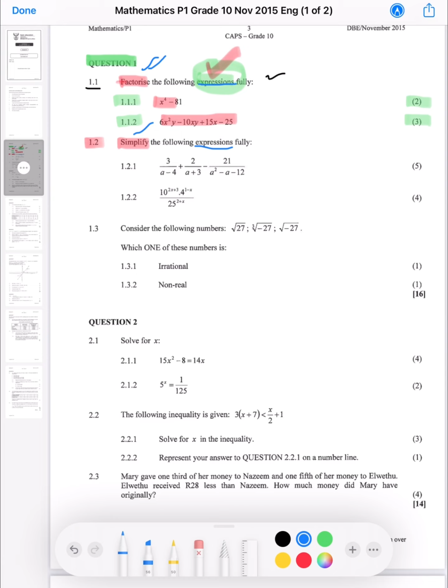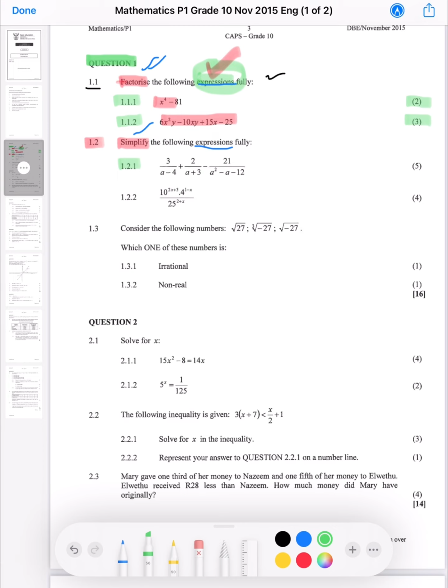Okay, so let's move on. Question 1.2.1. This is where you simplify. You are given a maths problem. Remember, guys, you should also be able to notice what a maths problem is.